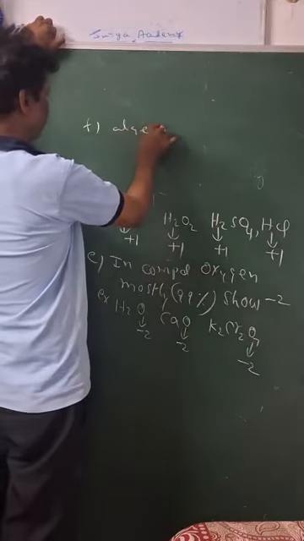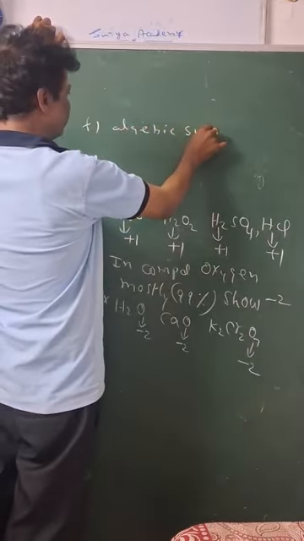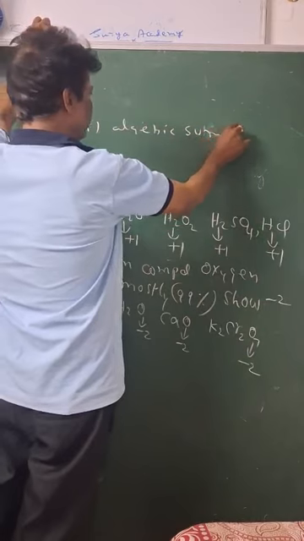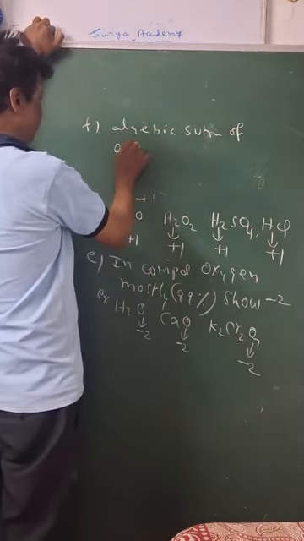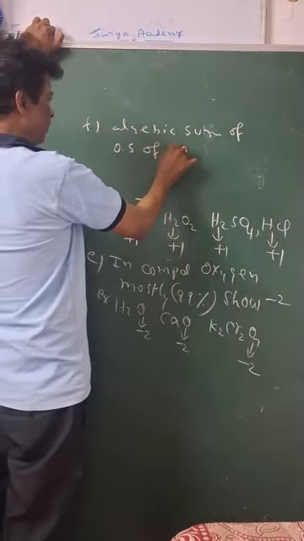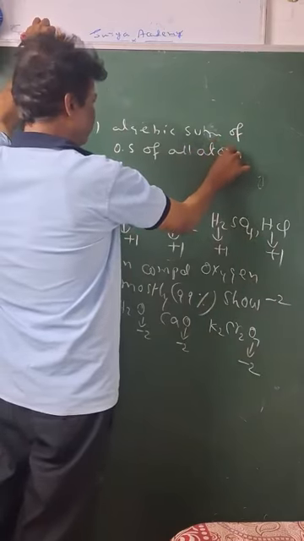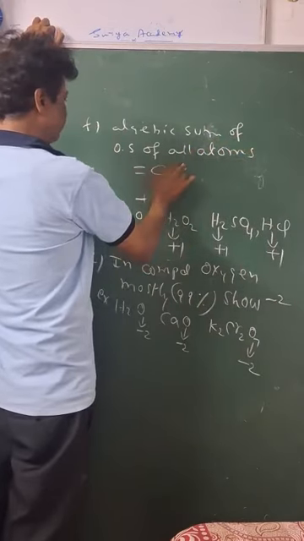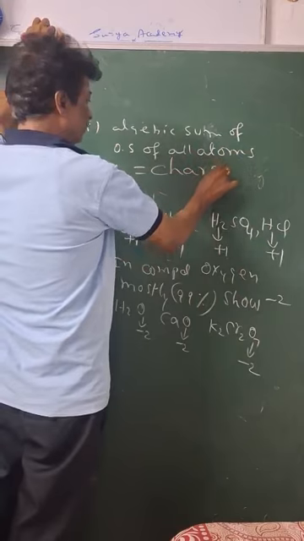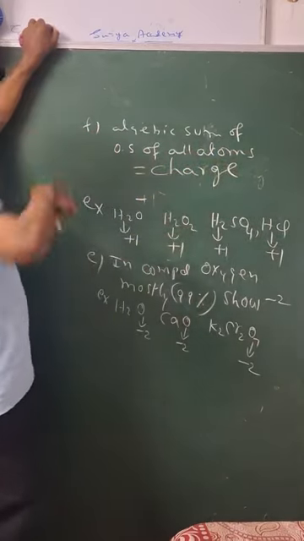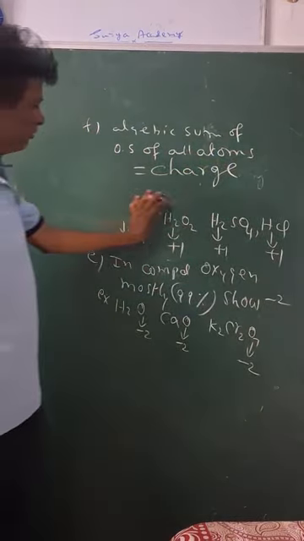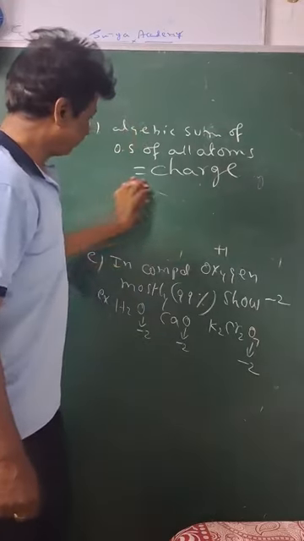Algebraic sum of oxidation numbers of all atoms is equal to the charge.